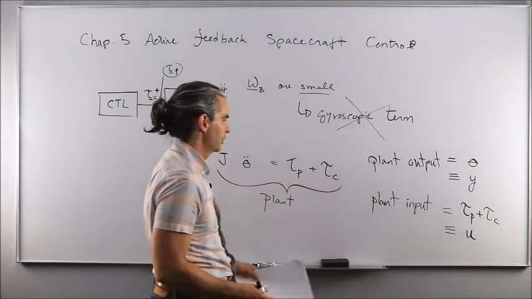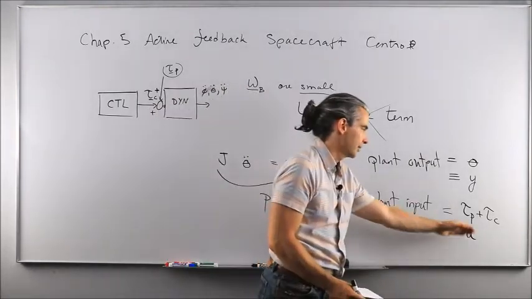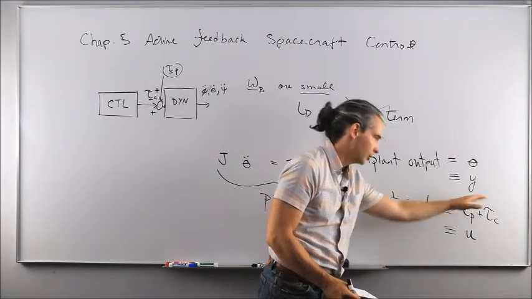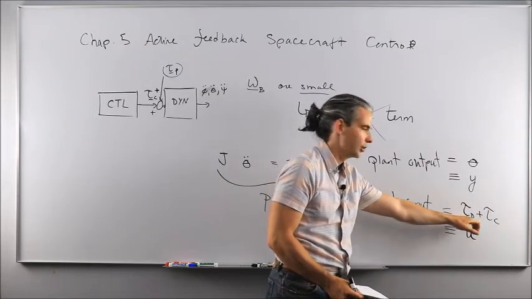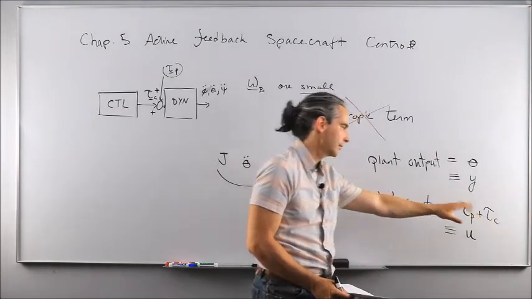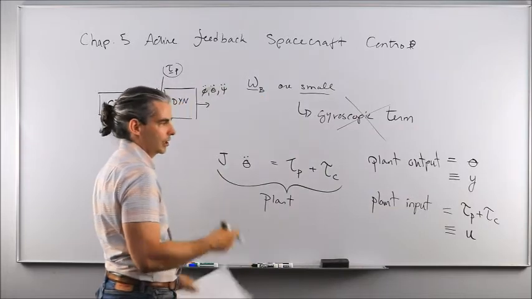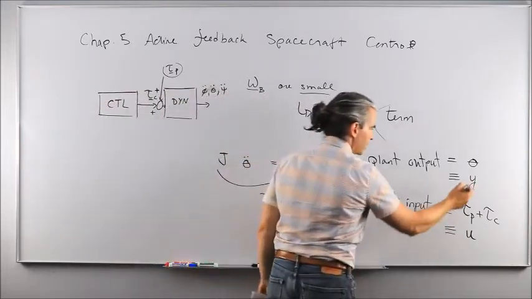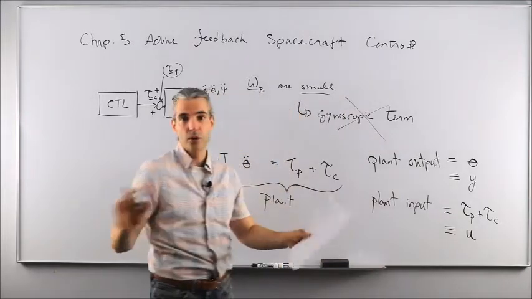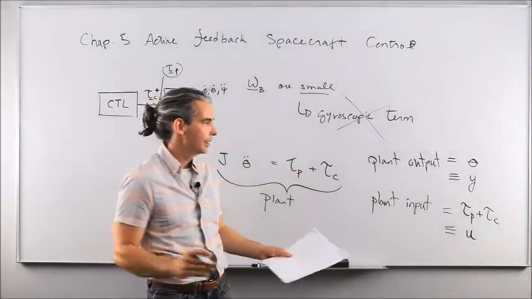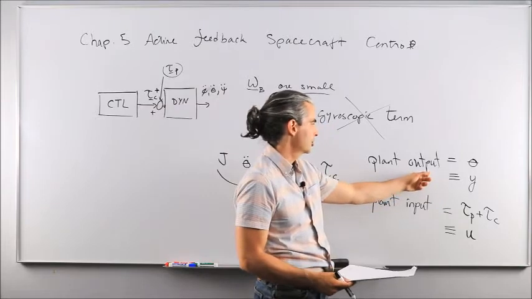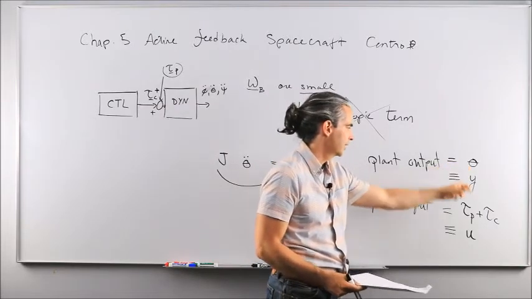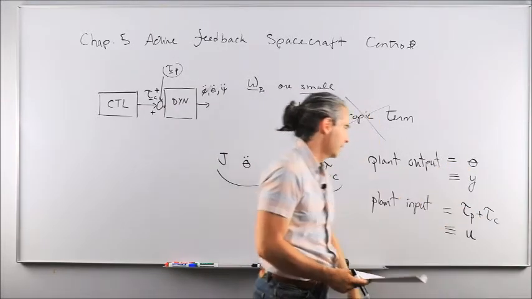So sometimes I will refer to U, or sometimes I'm going to refer to the net torque being comprised of perturbation and control signals as the plant input, but just keep in mind that they refer to the same thing, okay? The Y and U notation is used all across the board in feedback control system theory. Whereas here for rotational motion, we use theta specifically and tau as the plant input.